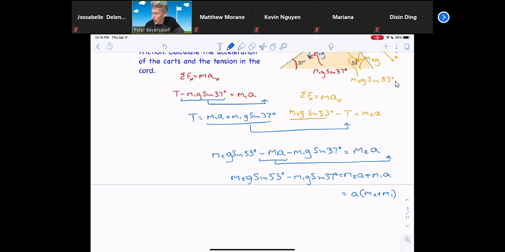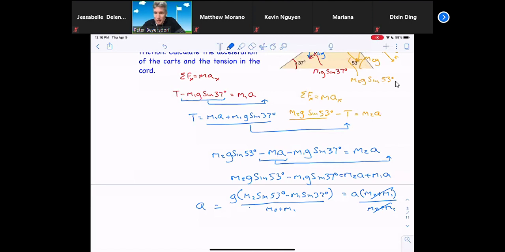And then I just divide both sides by m2 plus m1. So on the left, I can factor out a g. That's the only thing that's common. So let me factor out a g and write m2 sine 53 degrees minus m1 sine 37 degrees. And then just like I did on the right, I'm going to divide the left by m2 plus m1. And so this is just my final result for the acceleration.